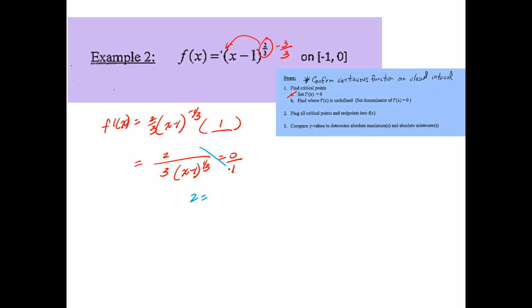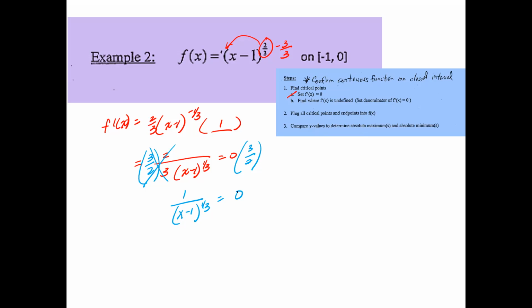I don't want to do it that way. Let's see this way perhaps. If I want to get rid of the 2/3, I will multiply both sides by 3 over 2. Okay, that cancels. I have 1 over (x minus 1) to the 1/3 equals 0.